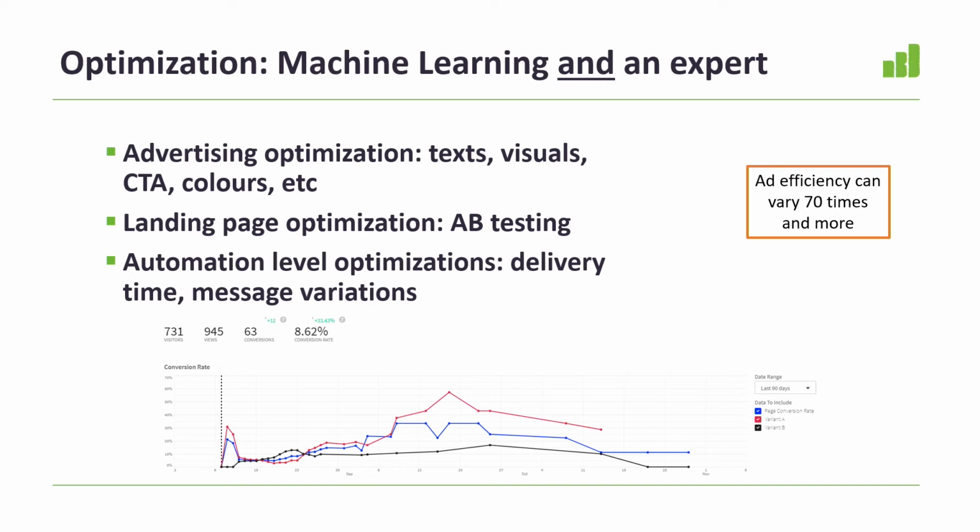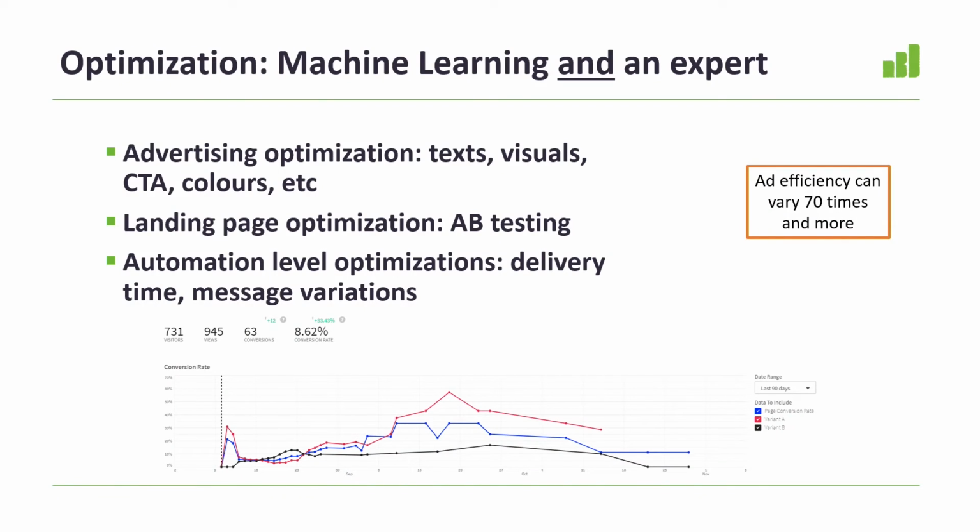So therefore, in order to get a maximized return from your activities, you have to experiment. You have to experiment continuously. And just this example on the screen, what you have seen, is illustrating how much you can improve the conversion rate of your landing page if you implement different versions of these landing pages.